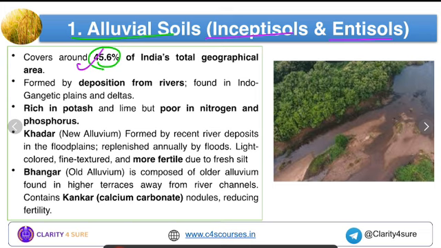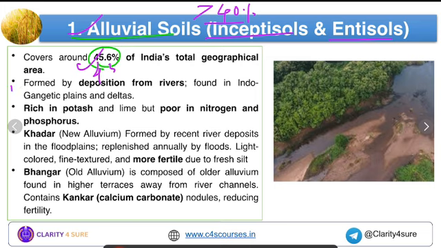Okay, somewhere this number is 43, but at least remember alluvial soil covers more than 40% of the total geographical area, and the questions are asked on these lines. Okay, so please do not miss it. The question was, which of the following soils covers more than 40% of the geographical area of India? So the answer was alluvial soil. So just cover the topics from that angle.